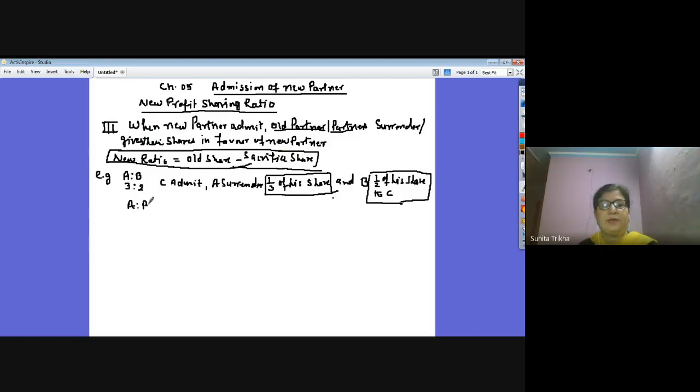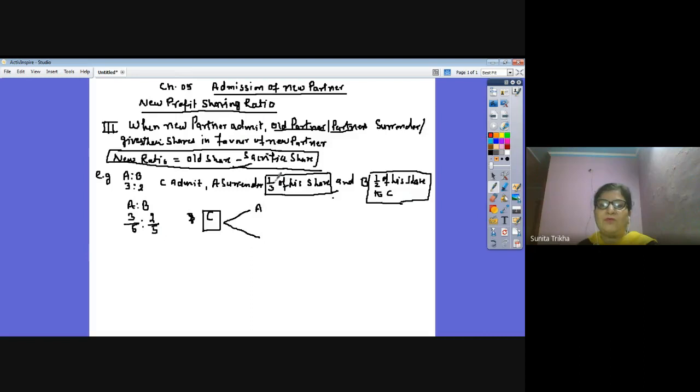A is to B, 3/5 and 2/5. C is a new partner. What is given? A surrender 1/3 of his share. Of means multiply.